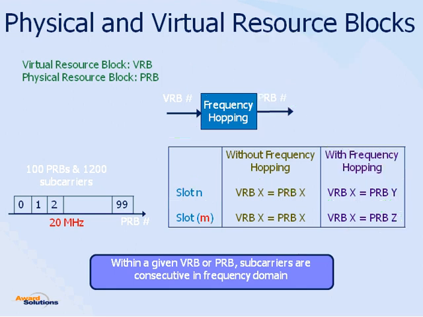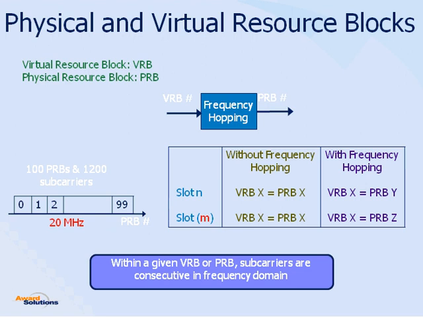Virtual block number and physical block, there will be some relationship, and that is defined by the standard. And the relationship depends on whether we are doing frequency hopping or not. And one way to allocate resources is to indicate to the UE the virtual block number, and then it will be mapped onto a specific physical block number based on the standard defined approach.